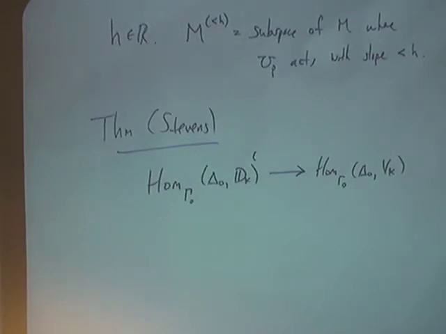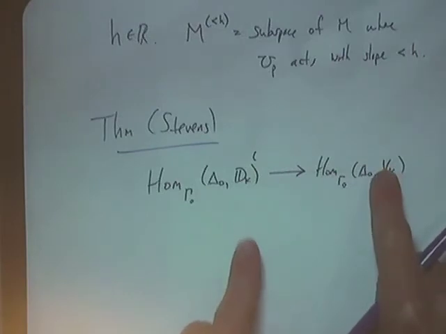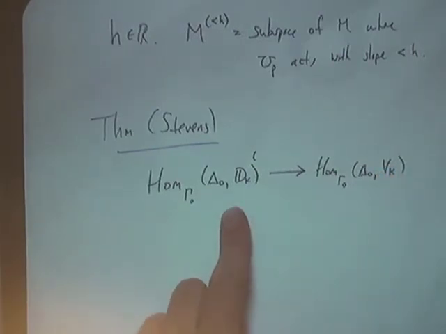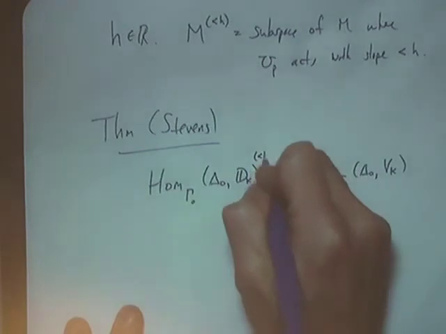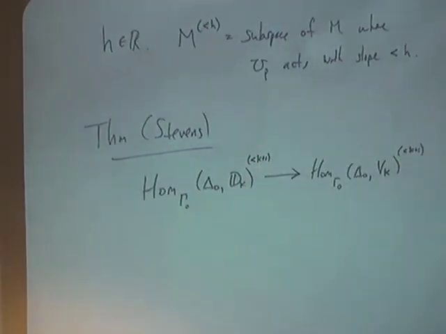So the slope is less than k minus 1. I was about to write less than k minus 1 here and here, except that now my k is off by 2. So the weight is k plus 2, and so this inequality should say less than k plus 1, here and here. And then that's an isomorphism. That's the statement of the theorem.